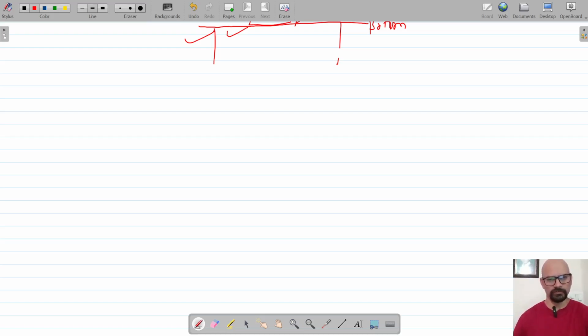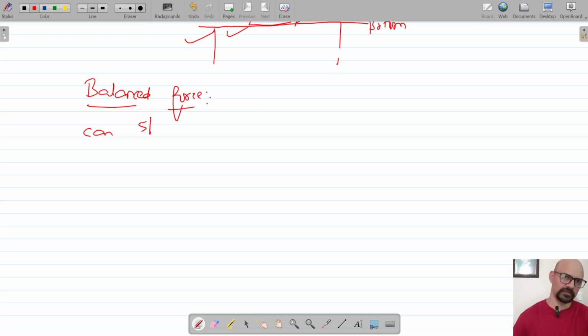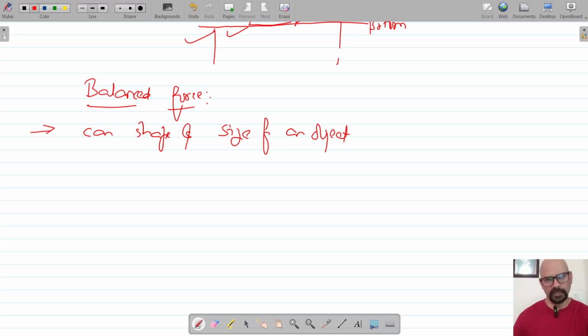Before we move on to the unbalanced force, what could be the effect of the balanced force? Its effect can be that it can change the shape and size of an object. A very good example of this is an inflated balloon.